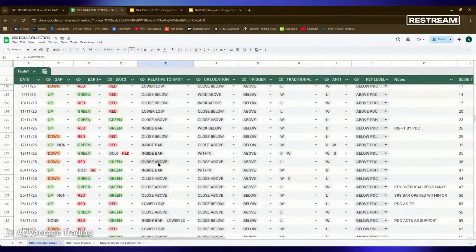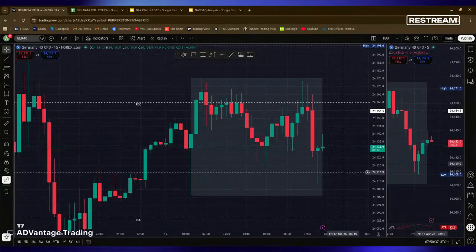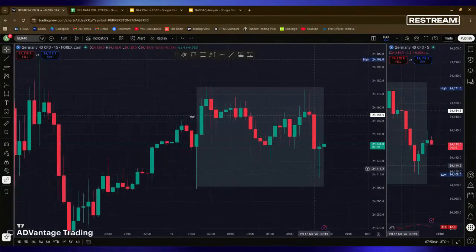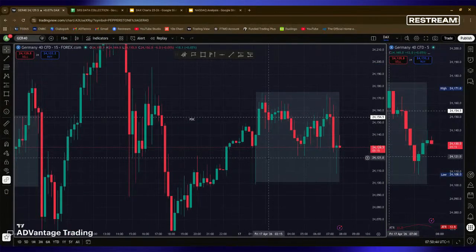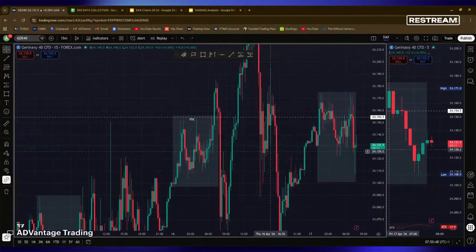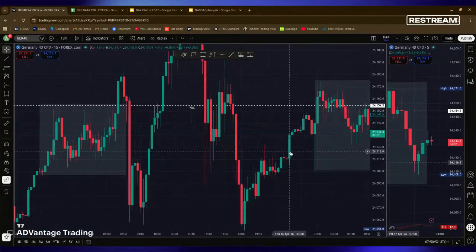So the next variable is the overnight range location. Okay, so the overnight range is the price range in the DAX during the Asian session, which is overnight, which is between 1 a.m. to 7 a.m. Okay, so I draw this box. So these blue boxes that you see dotted all around the chart, that's the overnight range.